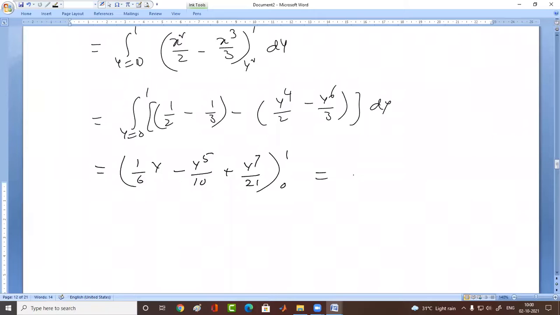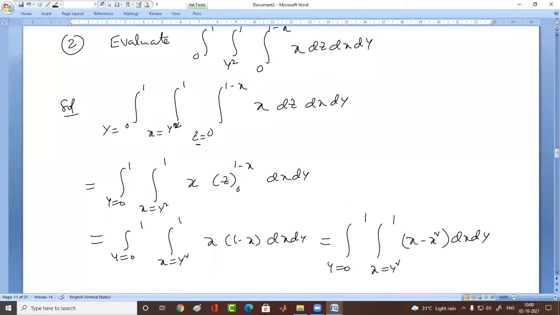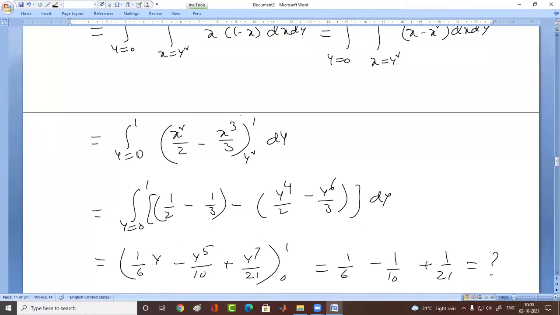So 1 by 6 minus 1 by 10 plus 1 by 21. Now simplify it, you will get the required solution. Very easy. If you understand the order of integration, then it is very easy. Now coming to the third question.